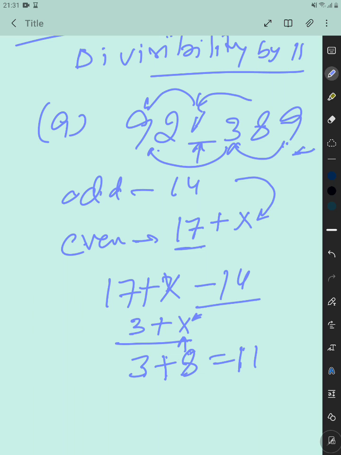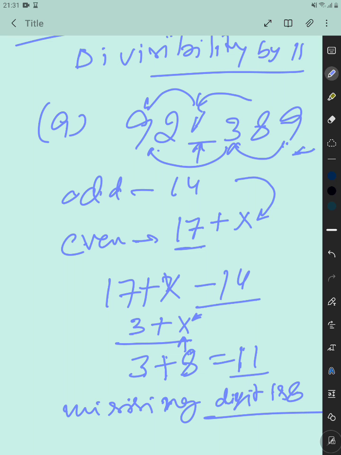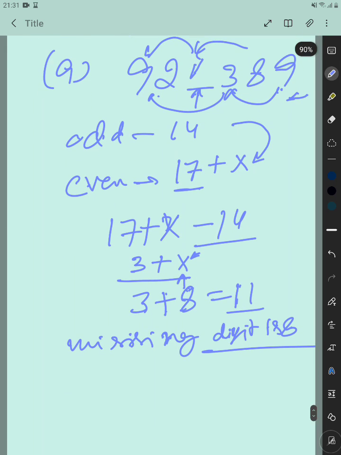If you put 8 in the place of x, then the complete difference will be 11. So the missing digit is 8 here.